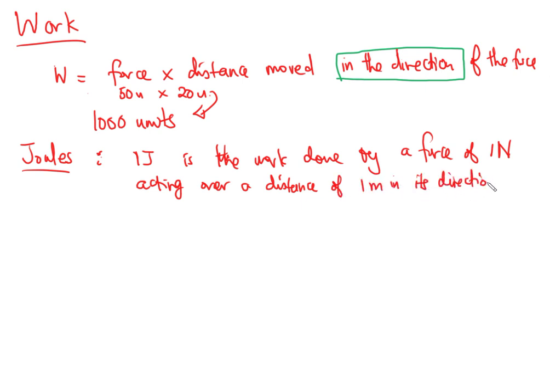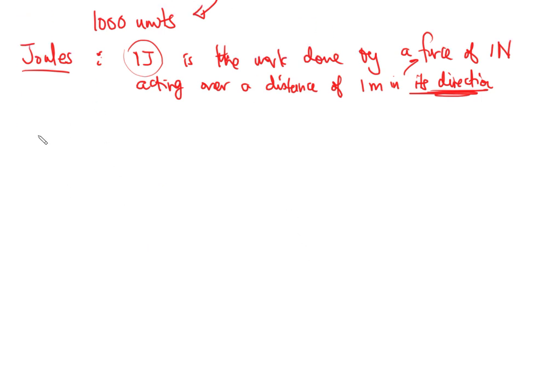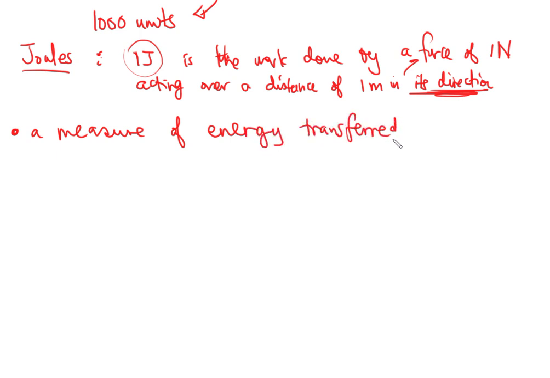This part, where it's moving in the direction of the force, is very important. So that's how you define a joule of work. Work is also a measure of energy transferred to the object by this force.